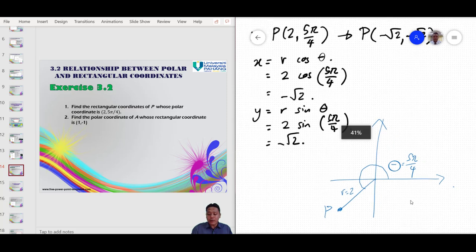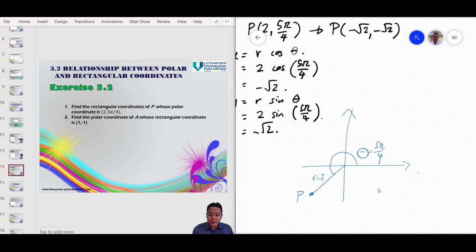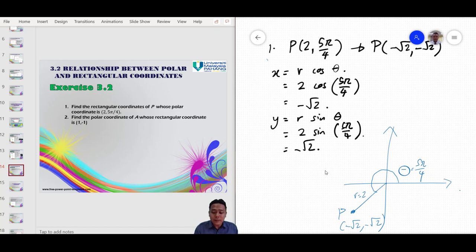This is in the form of polar coordinates, and if you convert it into a rectangular coordinate system, it will be negative square root 2 and negative square root 2. This totally makes sense, because it will be in quadrant 3 there. So the value of x is negative on the left, and the value of y is negative at the bottom part there. So remember one thing, polar to rectangular: x equals r cos theta and y equals r sin theta.